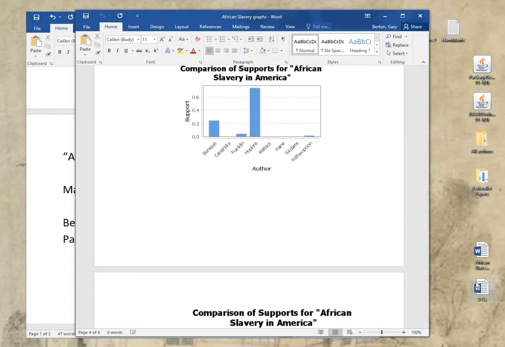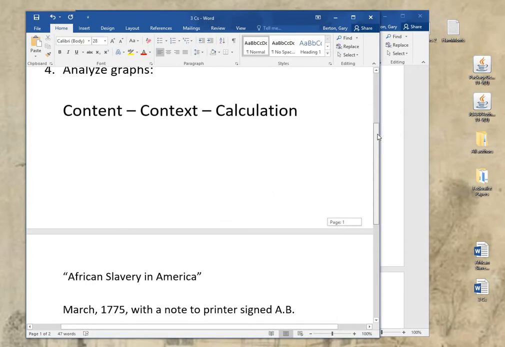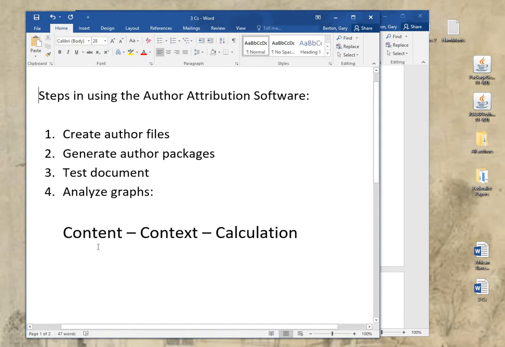So going back to content and context for this piece, if you read other essays that Hopkins wrote on the question of slavery in America in this time period, you will see the same logic and the same approach to the question based on the Christian gospel.